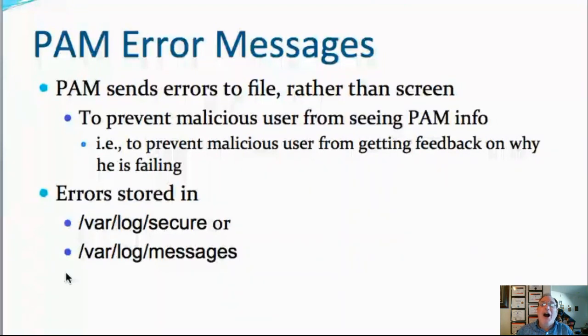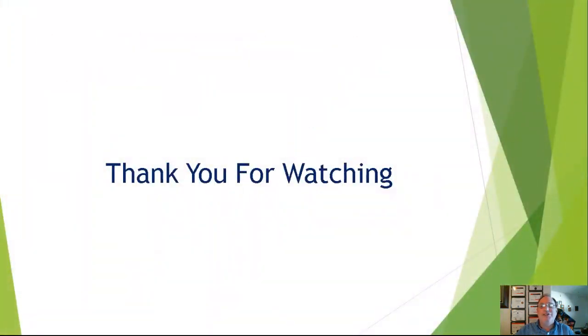Now, these log files are stored in /var/log/secure, or /var/log/messages. It's going to be stored in one of those, either /var/log/secure or messages. Okay, that's where the error messages go.